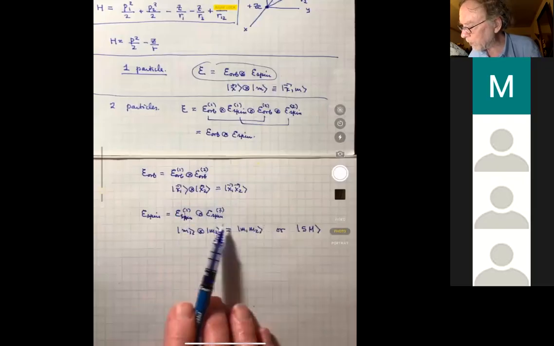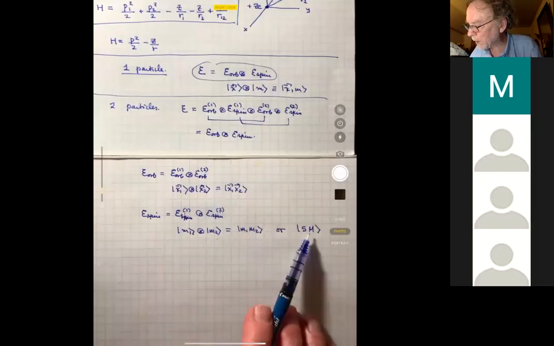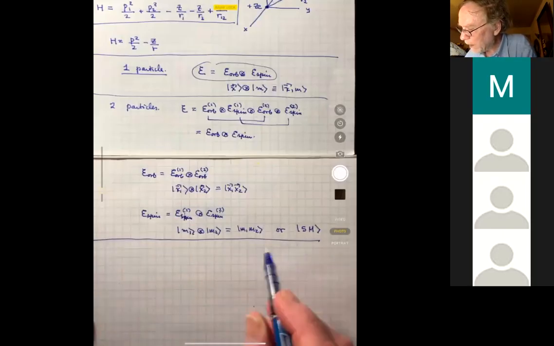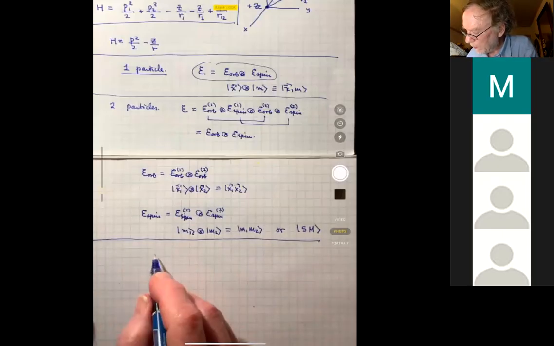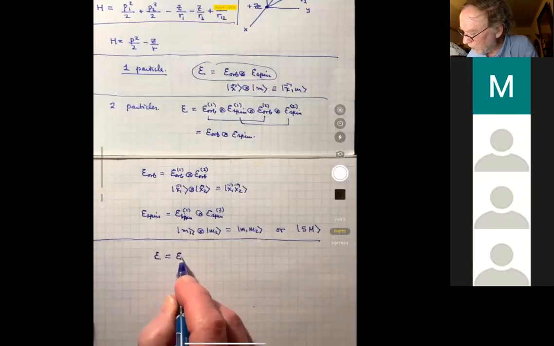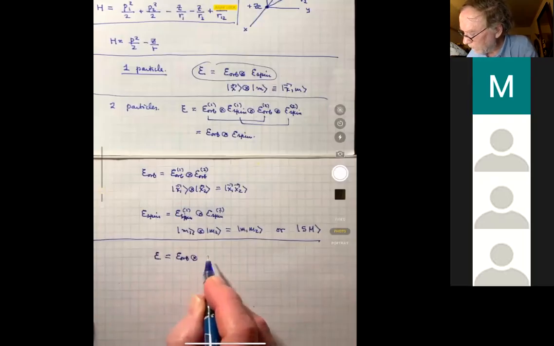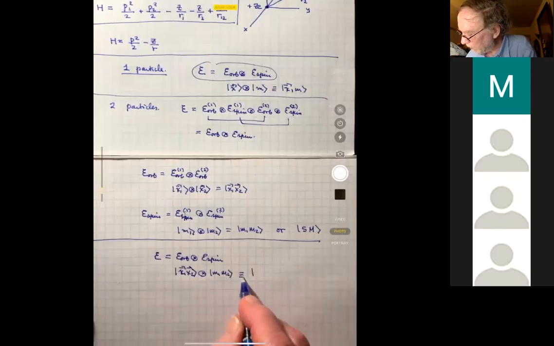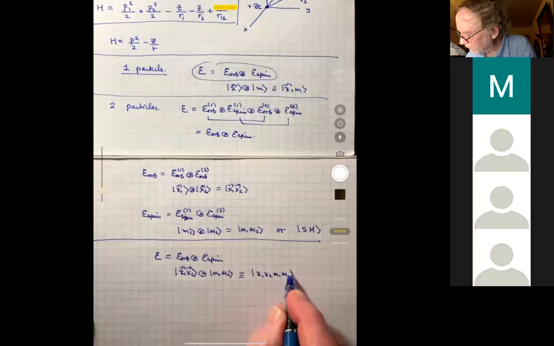And then the spin part is just these spin products like this, or singlet and triplet. All right. Now then, this means that in E equals E orbital times E spin, the basis states that we can get are x1, x2, tensor product with M1, M2. And we can write this, again by abbreviation, as just x1, x2, M1, M2. Let me do it that way.